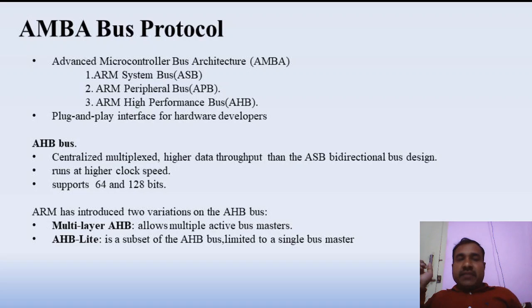Another variant of ASB is called ASB Lite. It is a subset of ASB, meaning this bus will have only certain features of ASB, not all, and it is limited to a single bus master. So these are the two variants of the ASB bus available in ARM: multi-layer ASB and ASB Lite.